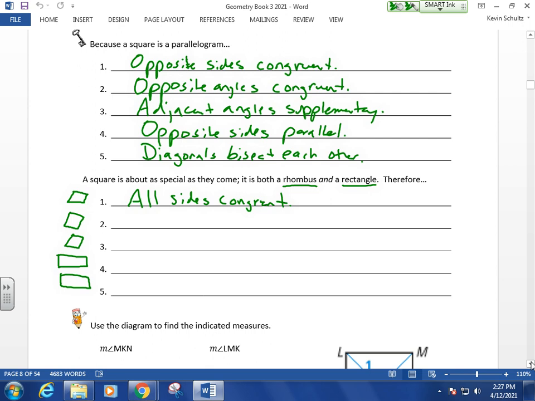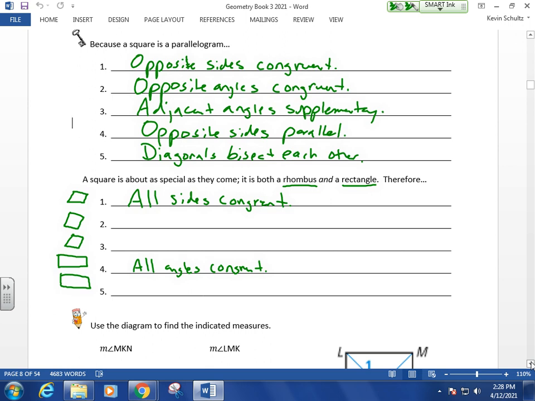What else is a characteristic of a rhombus but also a square? The other 2 have to do with the diagonals. All angles congruent, that's actually going to be one of the rectangle, and it's going to be the 4 right angles. Because that characteristic is not true for a rhombus. All 4 angles are not congruent.